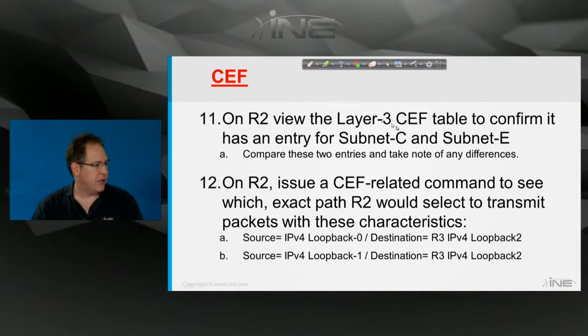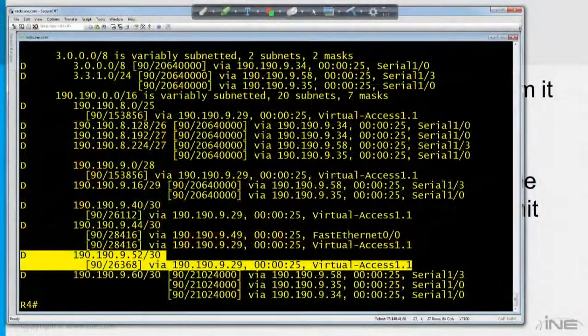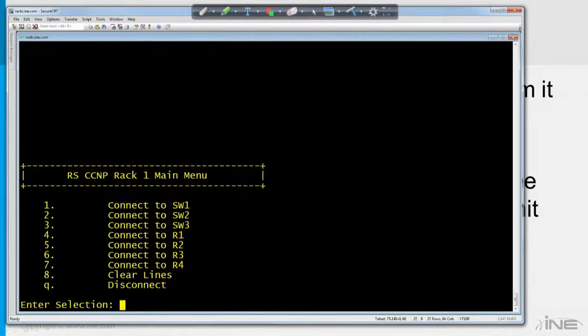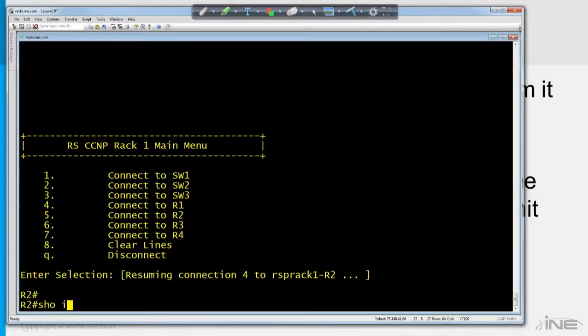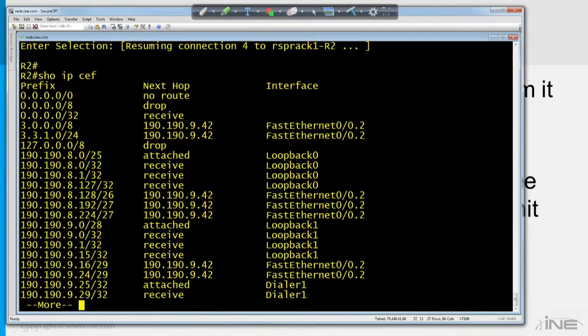Okay, so on R2, view the layer 3 CEF table. So what is the command I want to enter to view the FIB table so I can accomplish this? Well, let's try a couple commands out here. We're talking about R2 and we're talking about subnet C and E. What we want is show ip cef. Show ip cef will do it. There's actually more than one way to get the answer for this, but show ip cef definitely will.